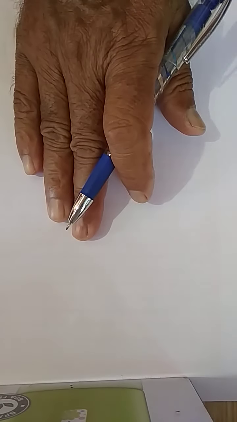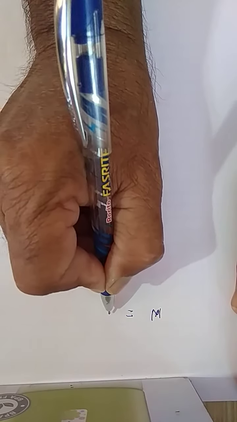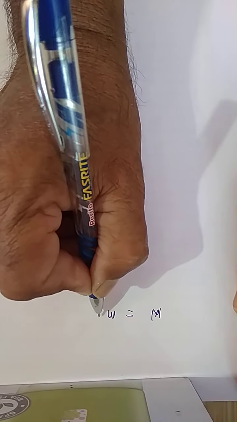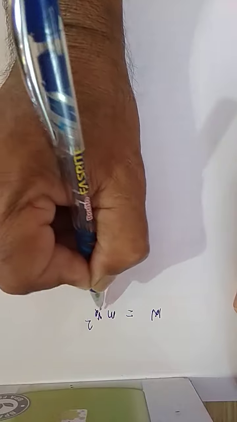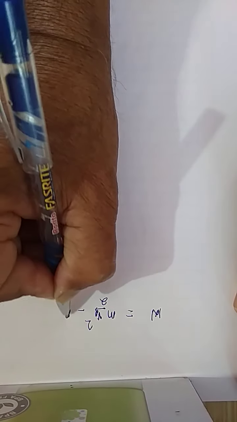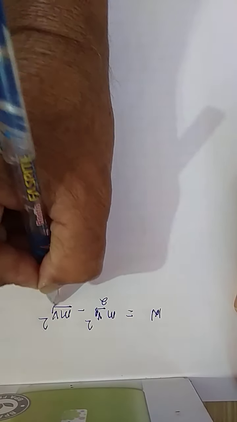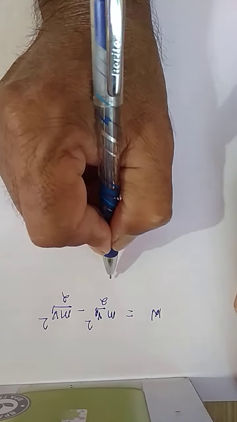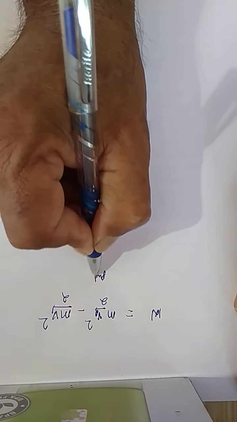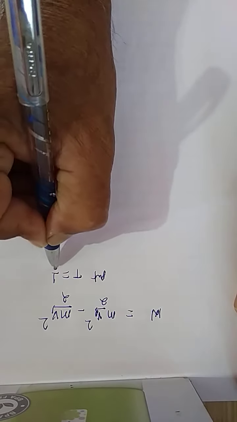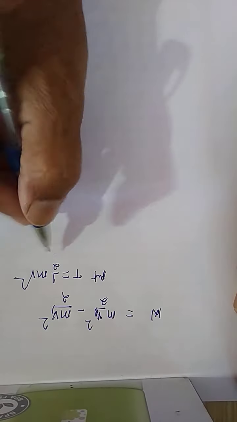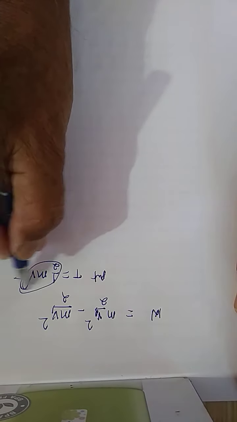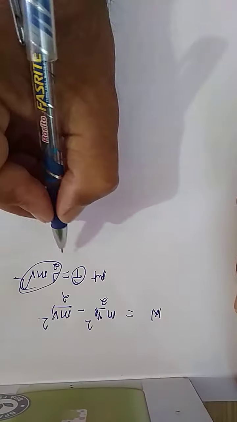Which gives W equal to m into v2 square divided by 2 minus m into v1 square divided by 2. Put T equal to half m v square, which is called the kinetic energy.